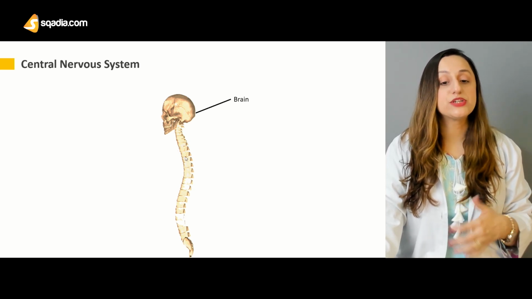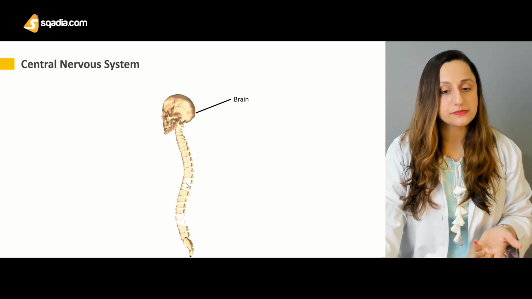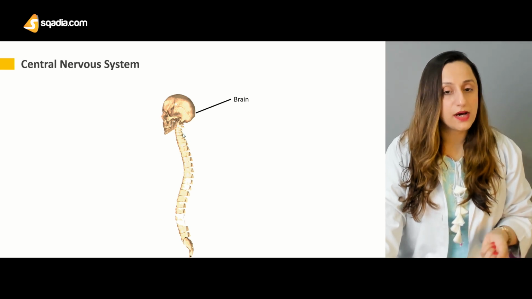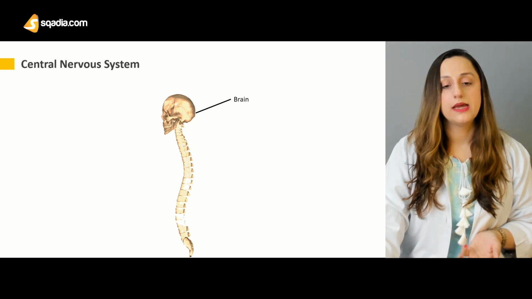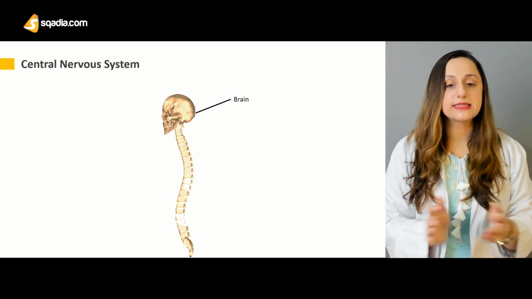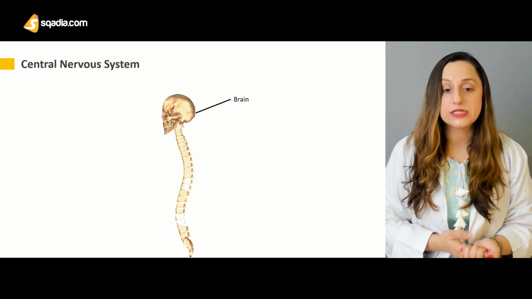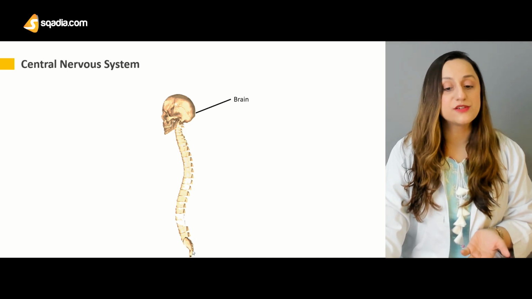The protection to the spinal cord is provided by the vertebral column out here. So these vertebrae basically provide protection to the spinal cord. And then obviously there are cervical vertebrae, thoracic vertebrae, lumbar vertebrae, and then finally we have the sacrum and the coccyx.